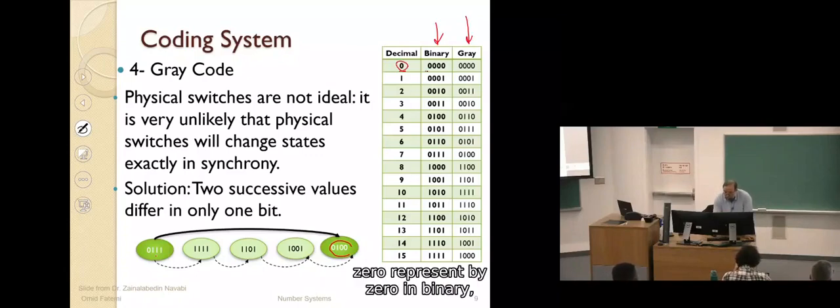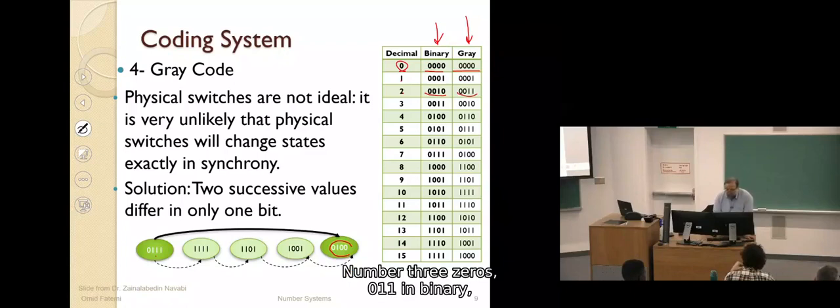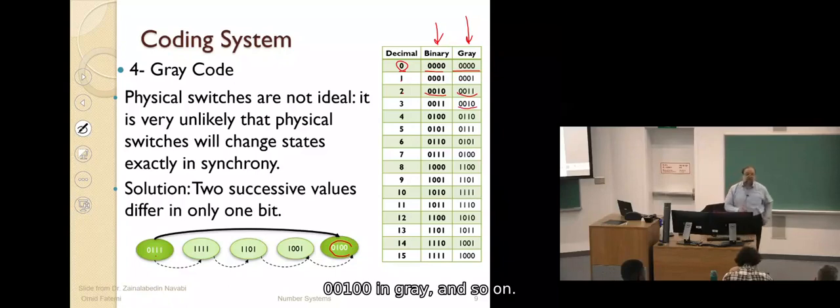Number 0 is represented by 0, 0, 0, 0 in binary, and in Gray we put 0, 0, 0, 0. Number 1, again the same. But number 2, in binary it is 0, 0, 1, 0, and in Gray it would be 0, 0, 1, 1. Number 3 is 0, 0, 1, 1 in binary, and 0, 0, 1, 0 in Gray, and so on.